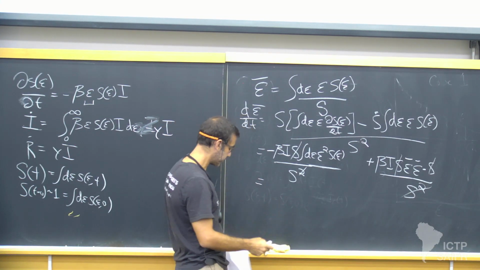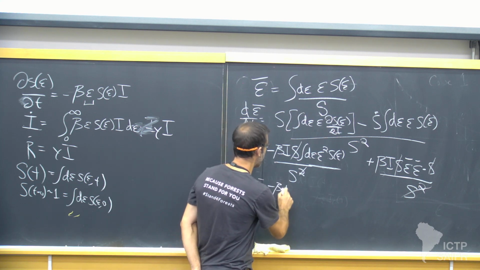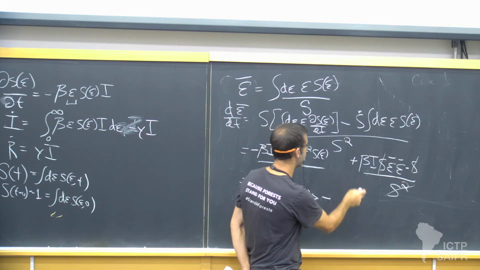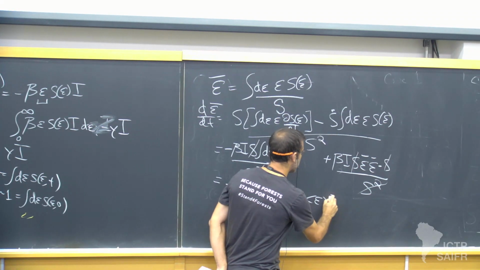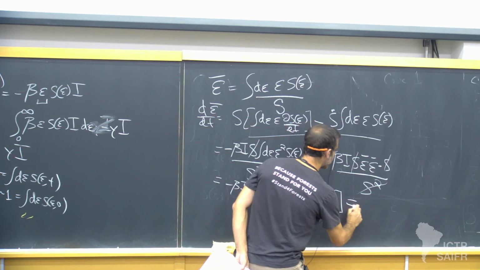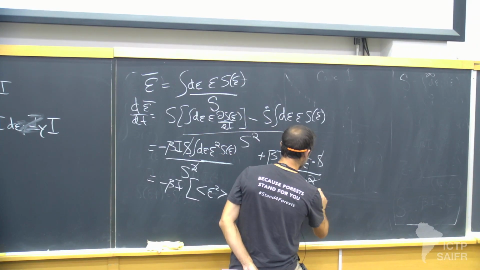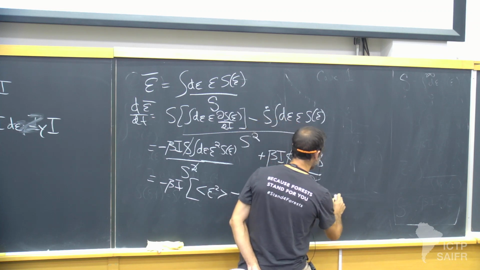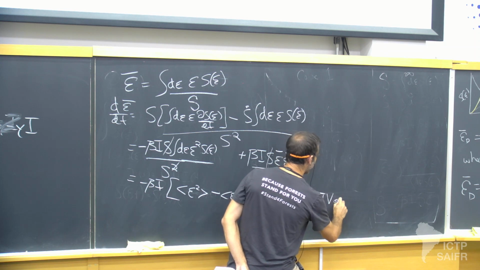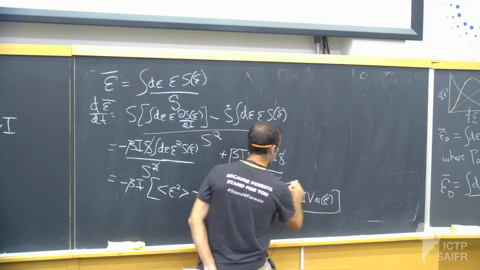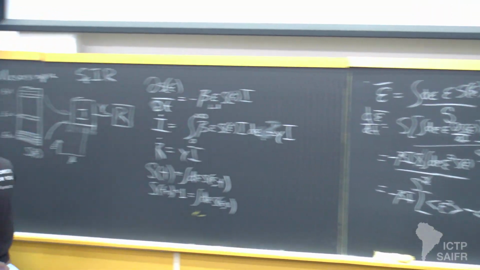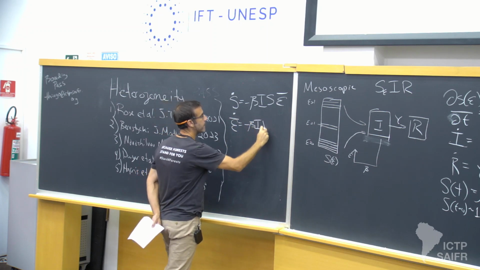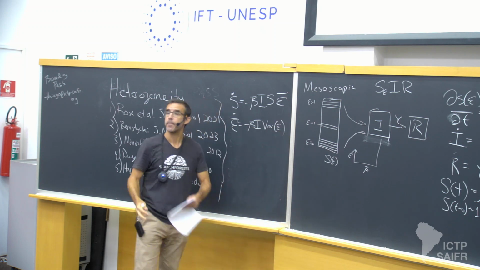Which means if I pull out a minus beta I, we get the average value of epsilon squared minus, because of the double minus makes a plus, the square of the average value of epsilon, which means that the change of the mean susceptibility is minus beta I times the variance of epsilon. Okay?